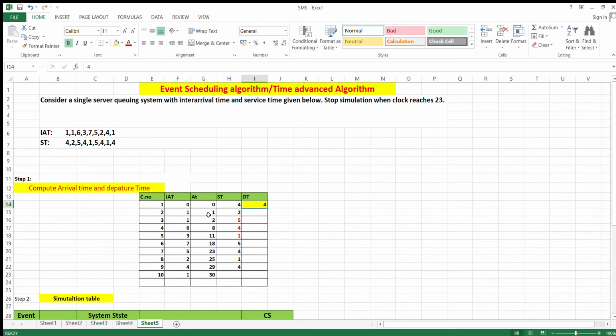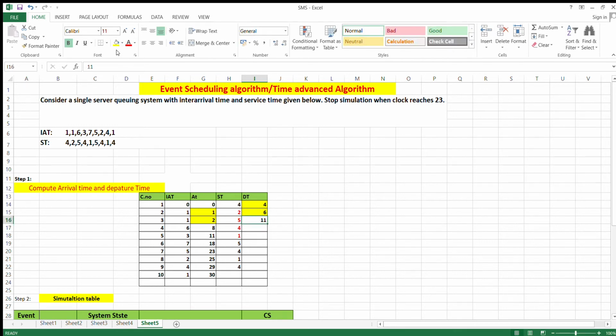4 is the departure time, next arrival time is 1. Out of these two, maximum is 4. So 4 plus 2, 6. So next departure is 6, arrival is 2, maximum is 6. 6 plus 5, 11.